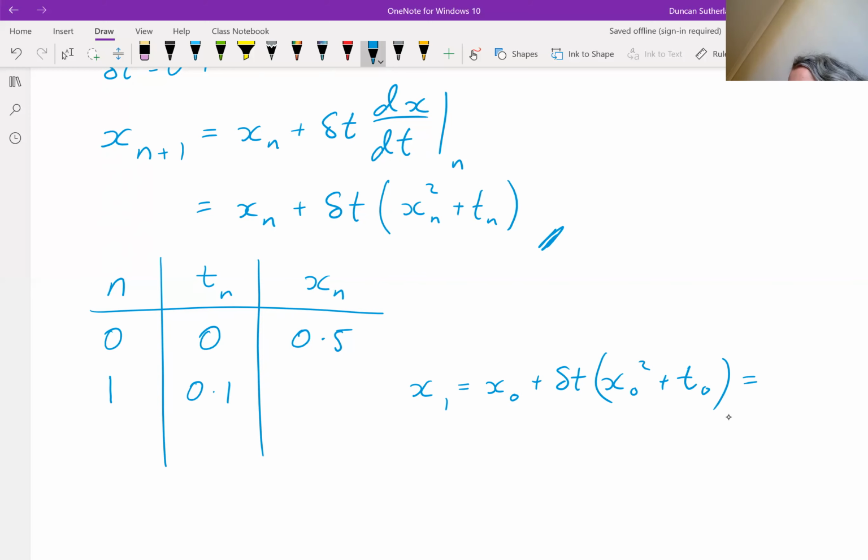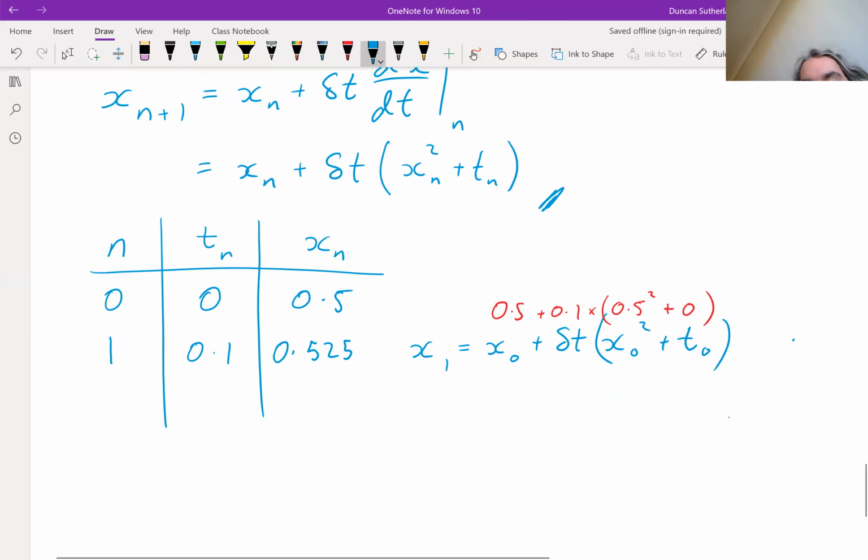We stick all that into our calculator, and we find that this is 0.525. All right, so that in red is just the actual calculation that you have to do.